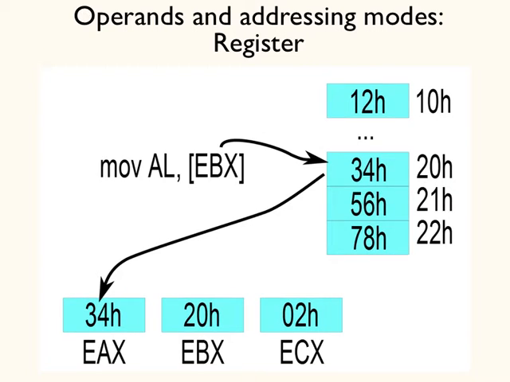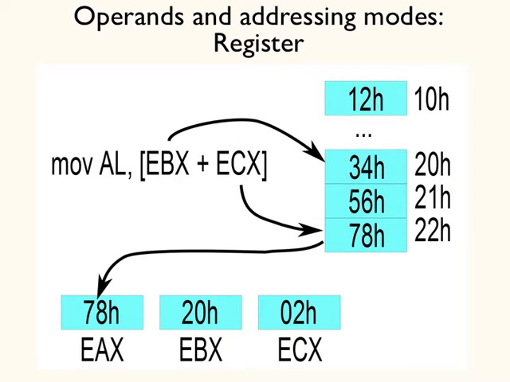So in this case, we need to say what is in EBX first. In EBX is 20, so we go to memory to look at what is stored in this address, which is 34. Then 34 will be moved to EAX, and they can be added together.